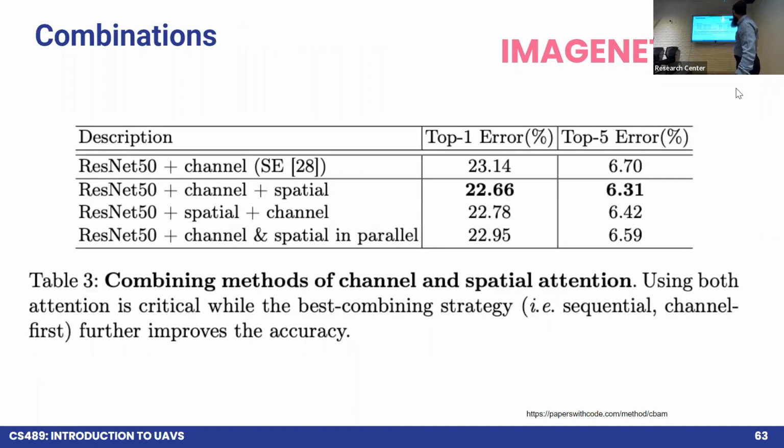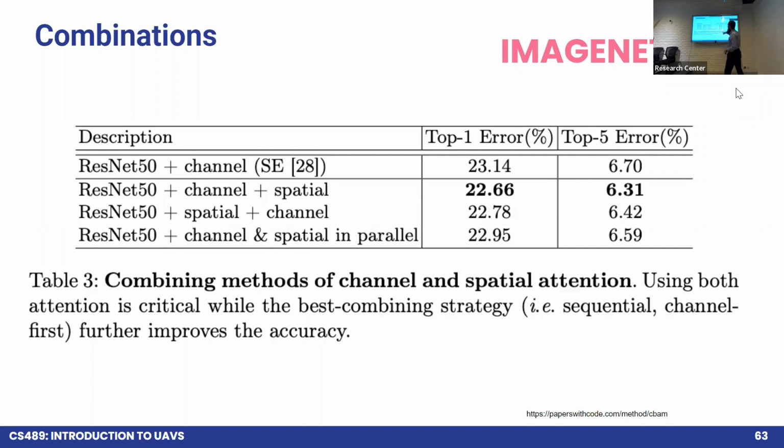This is combining spatial and channel attention both together. Here when they put them in series, and here when they put them in parallel. In series it gives less error than when the spatial attention was in parallel. Sequential channel first.